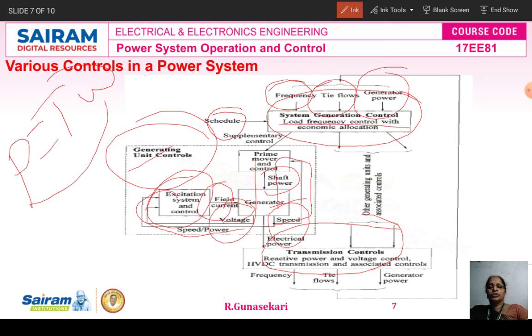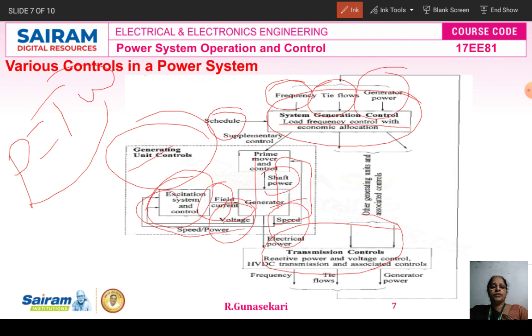If we control the speed with the help of the prime mover, we can control the power of the generator. Here voltage only will cause the current. We can control the field current with the help of the excitation system control, that is the exciter. Then we can control the voltage of the generator.